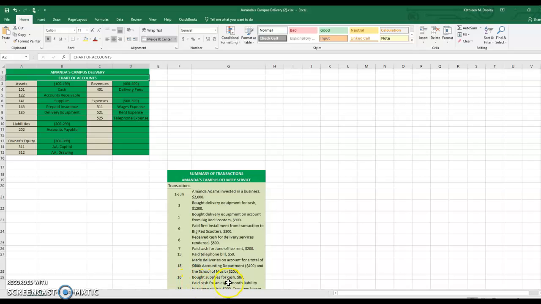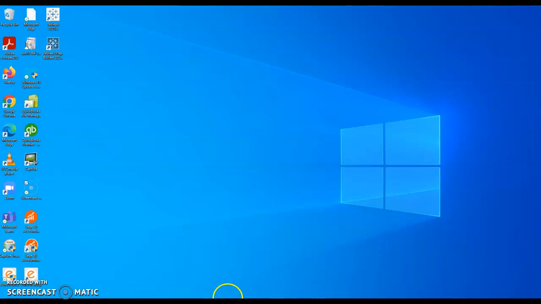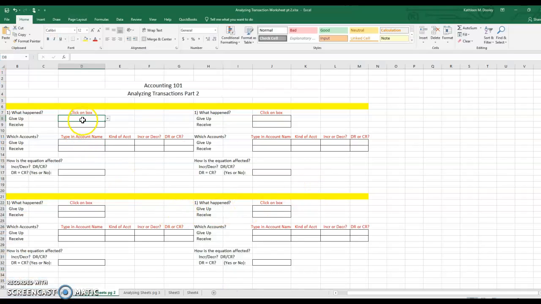Okay, the next transaction, we bought supplies for cash. So we gave up cash, and in return, we received supplies. If these are office supplies, or they could be other kinds of supplies, it doesn't really matter.